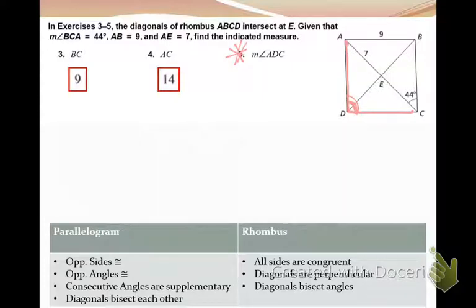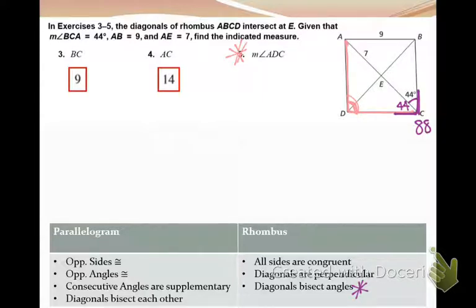The C. Well, are we given all of C? We're just given half of it. I know that we're given half because what do the diagonals do? Diagonals bisect angles. That means they cut an angle in half. So if the right portion of C is 44, what is the left portion? 44. So what is the whole angle of angle C? 88.